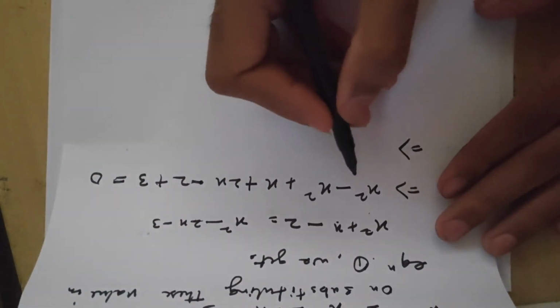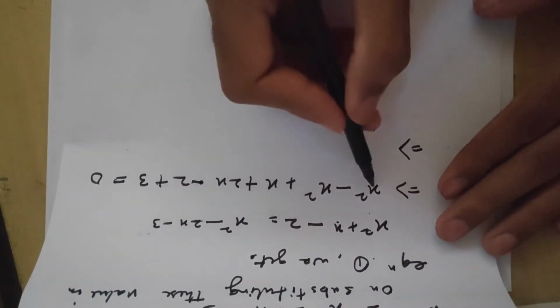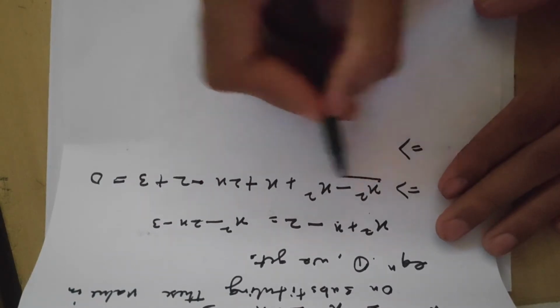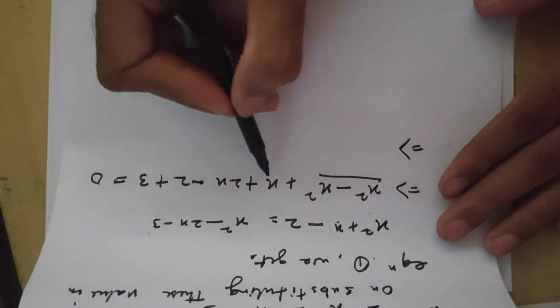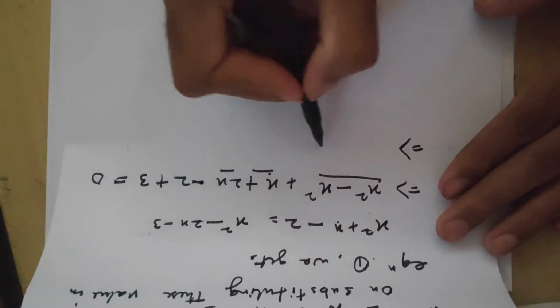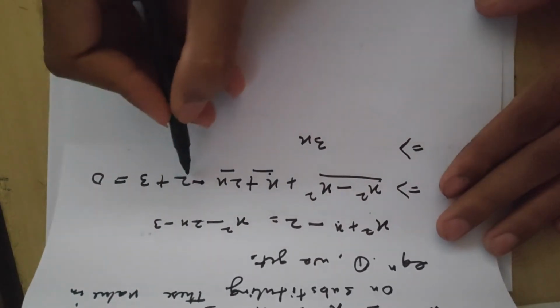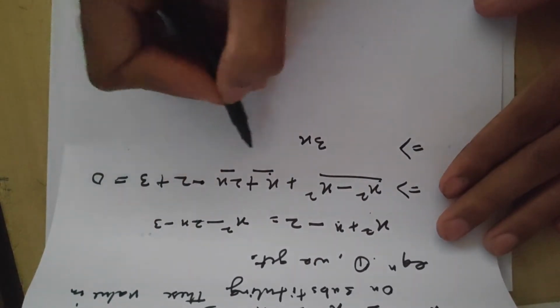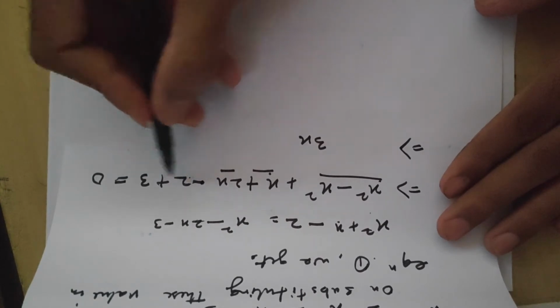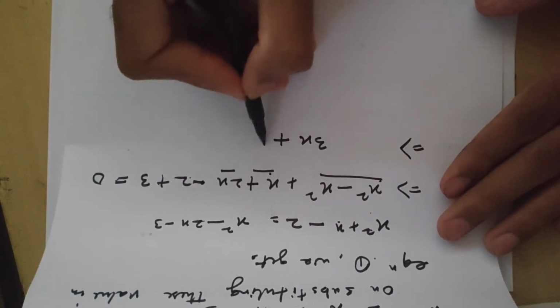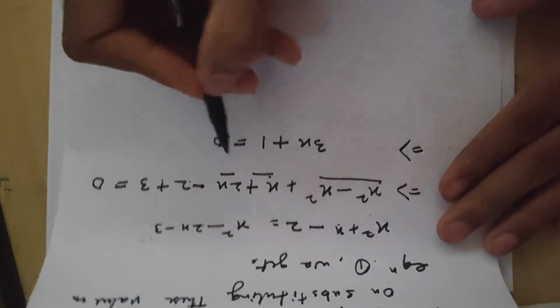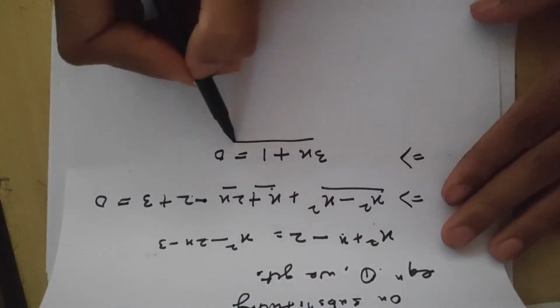So as you can see, x minus x, of course this will become 0, this will cancel over, and then after this x and x we can write 3x, and then minus 2 and 3, of course 3 is bigger, so it will be plus 1 equal to 0. So can you see this one?